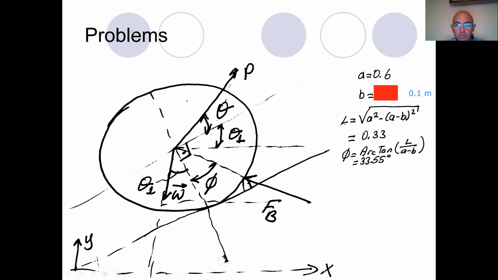And in fact, from here, I can calculate the L. L is the distance between the step length and this axis. So it is this length.